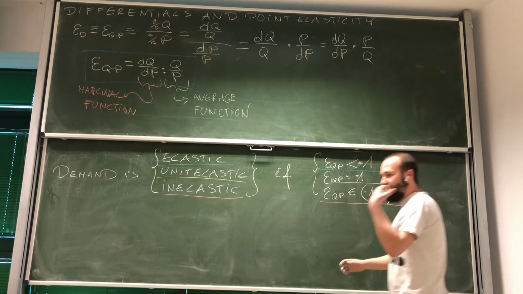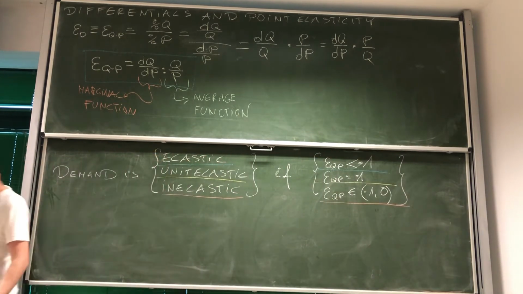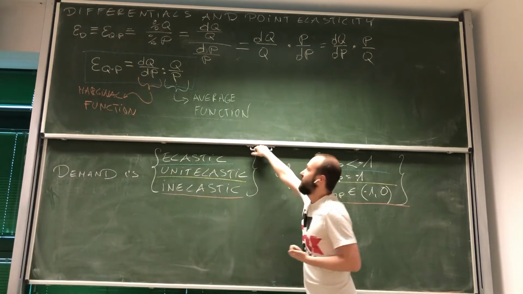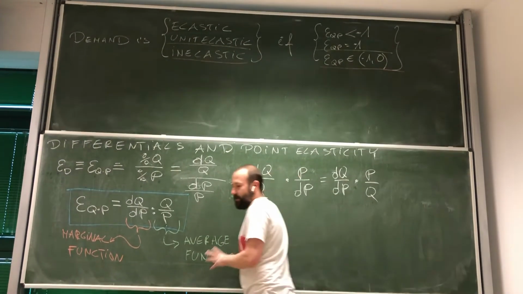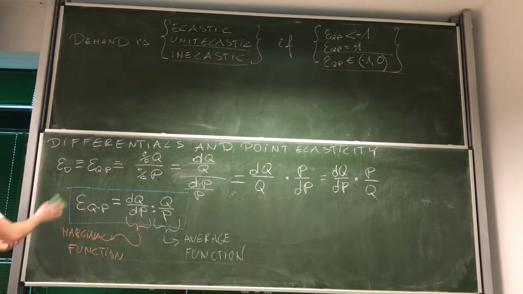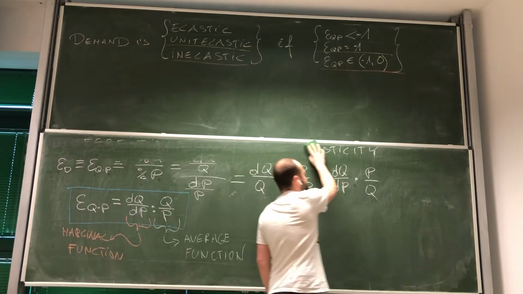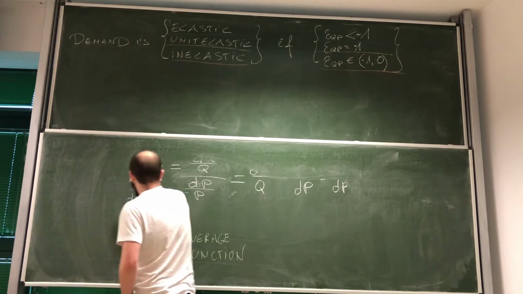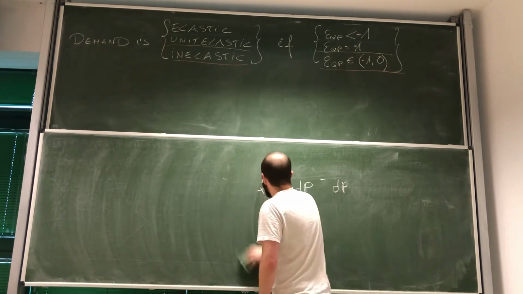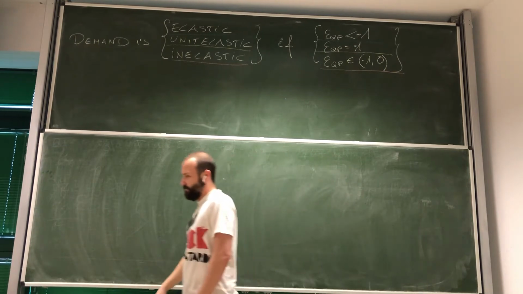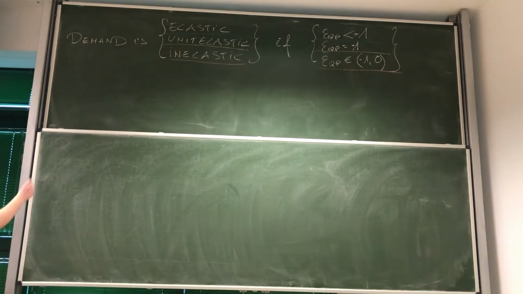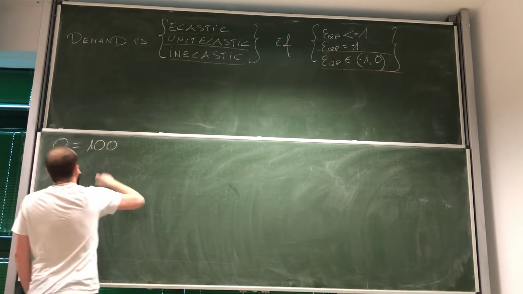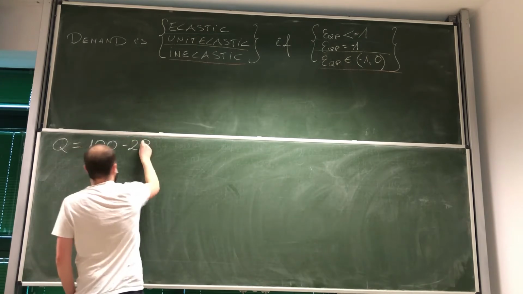And look, before we move on to why those relationships are so important, and why knowing which part of the demand curve is characterized by what type of elasticity, let's just review everything using a very simple example. Okay, so let's just say the demand function is given by Q equals 100 minus 2P.